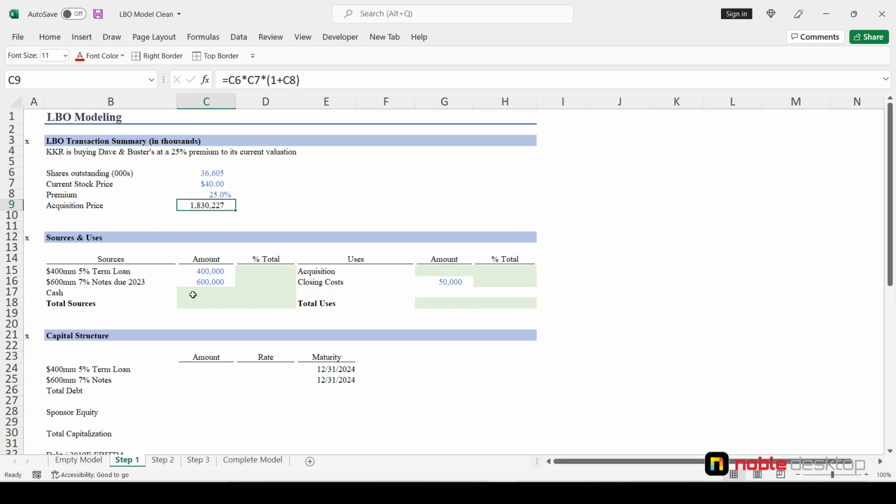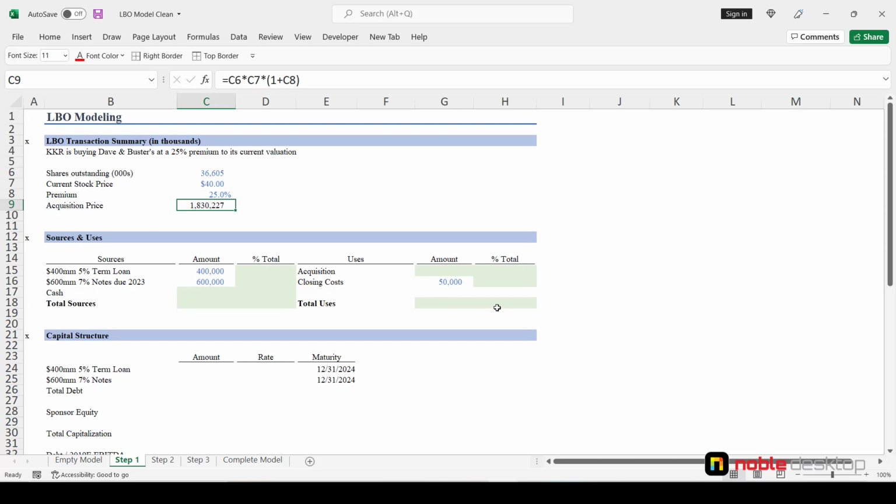And remember that total sources will always be equal to total uses. More information on sources and uses of funds you can find in the video within the M&A accounting section.